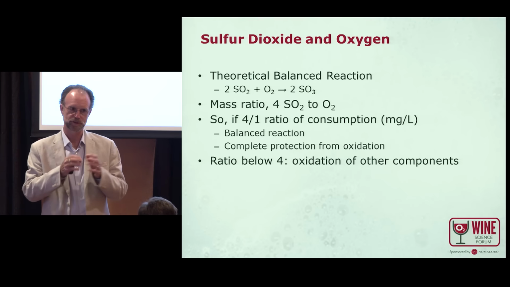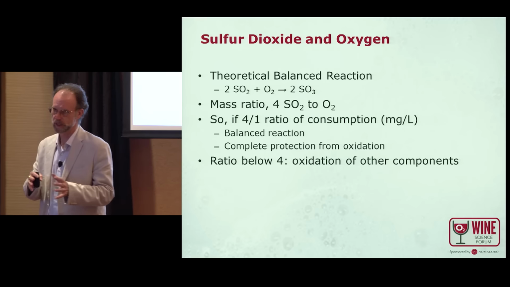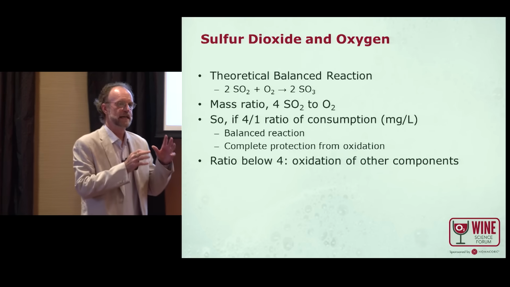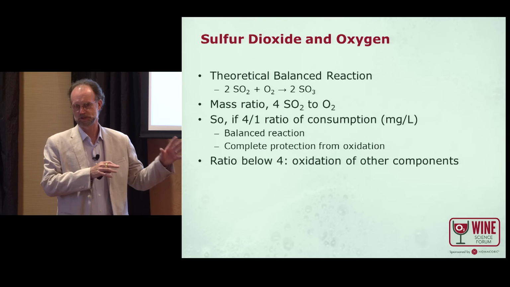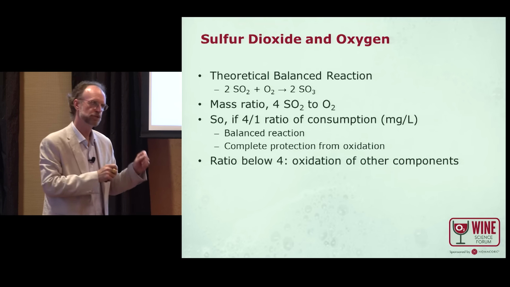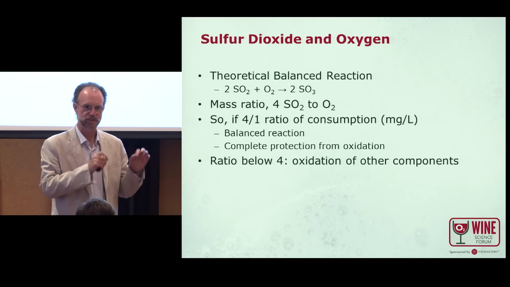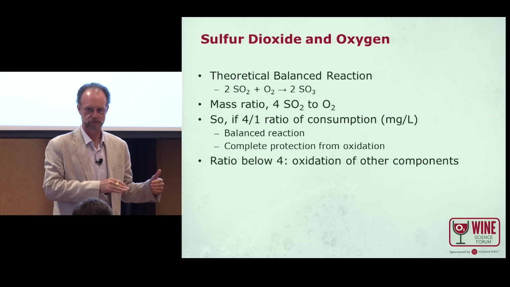So I'm getting back to this consumption issue. If we can measure how much oxygen is consumed by the wine, and we can see that 4 milligrams of SO2 is consumed per milligram of oxygen, then the SO2 is acting as a perfect antioxidant. It is consuming all the oxidation products, okay?